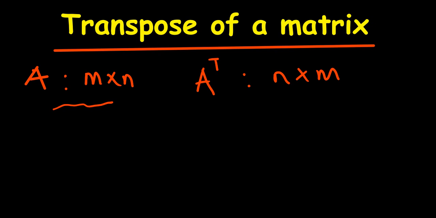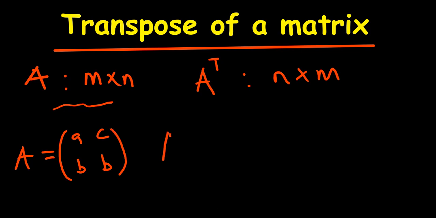So what is really a transpose of a matrix? It's simply interchanging the rows with the columns. Let's say I have A here, A B, and then C D. And then I want to find the transpose of A. So the transpose of A will just be, the row will become a column.